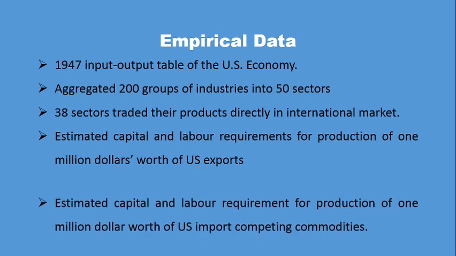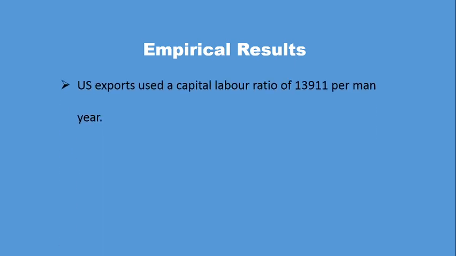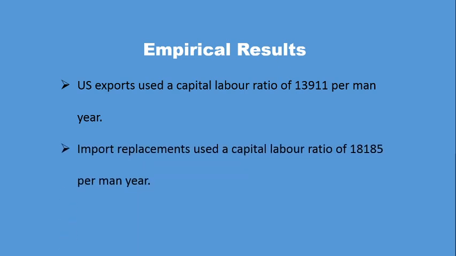Leontief's main empirical result was that US exports used a capital labor ratio of 13,911 per man year, whereas import replacements used a capital labor ratio of 18,185 per man year.